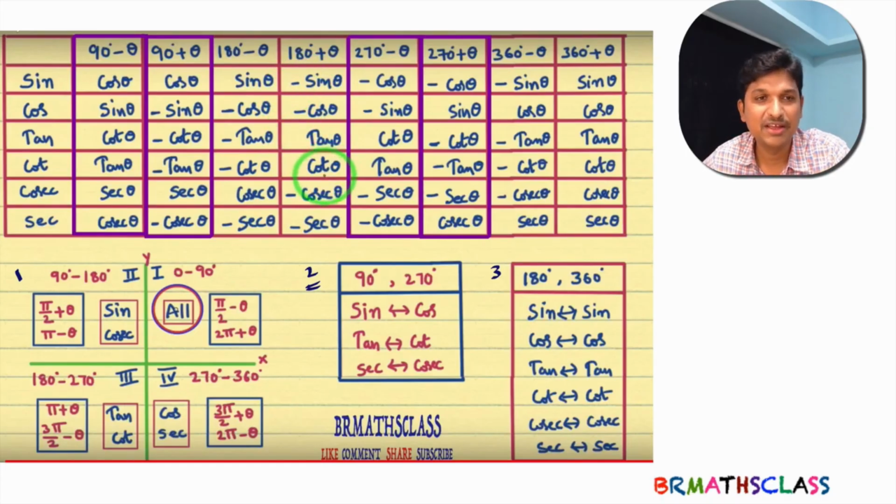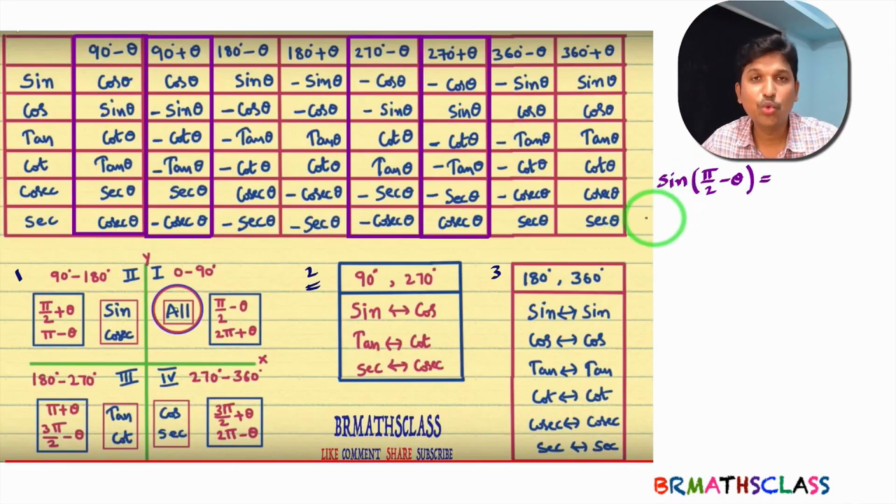It's a simple thing. For example, you want to know sin 90 degrees minus theta. Suppose you want to know what is sin pi by 2 minus theta. Pi by 2 means 90 degrees. Whenever you see 90 degrees, you just simply write sin as cos. Now it became cos theta. Now second thing is we need to decide whether to keep a plus sign or minus sign.